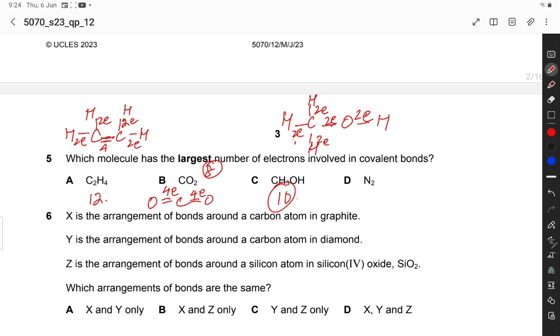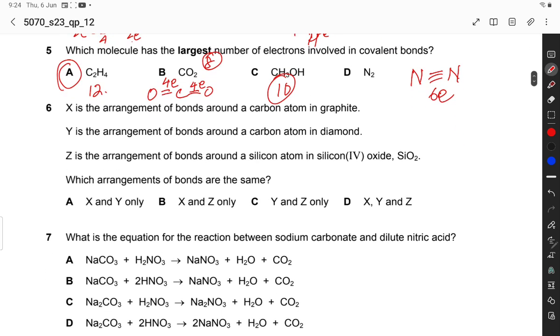This is 10 electrons. And nitrogen has triple covalent bonds, and triple means 6 electrons, when 3 pairs are shared, so the total electrons are 6. So the largest number of electrons is in C2H6. So A option is the correct option.